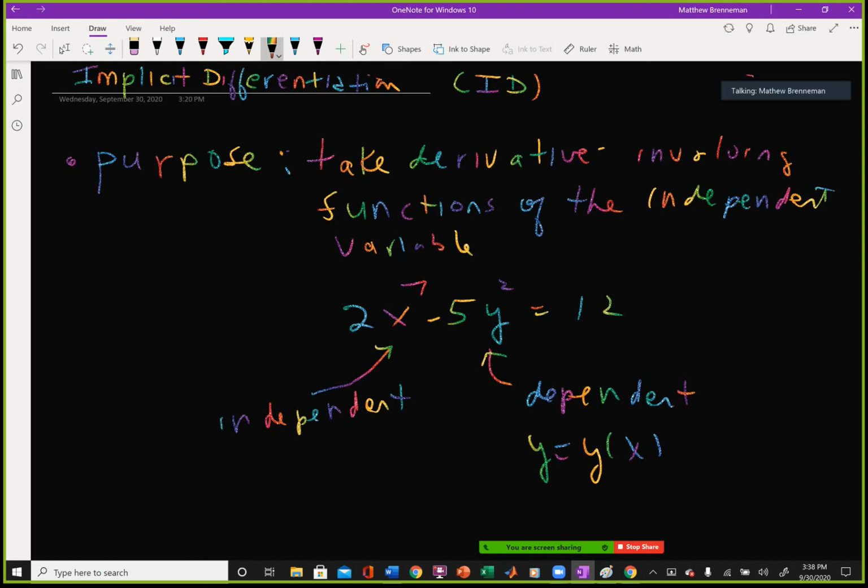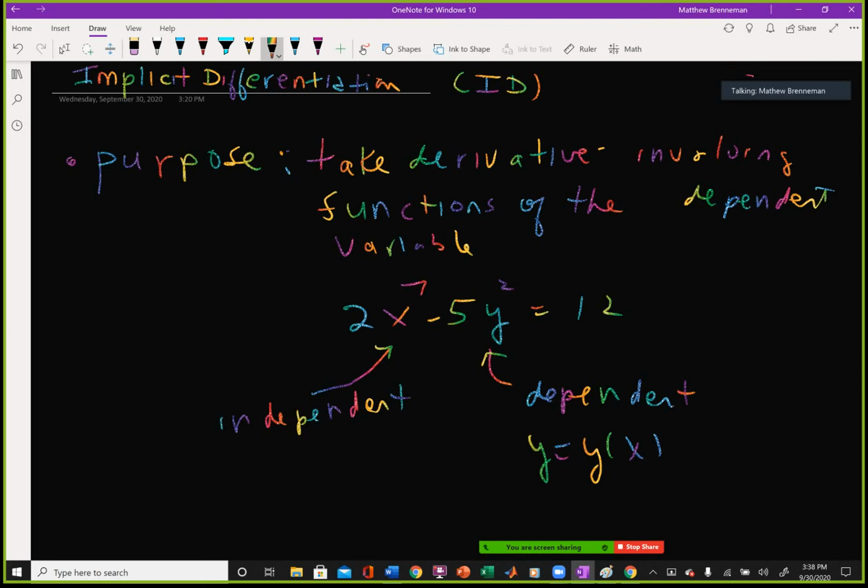And actually, I want to say dependent. Whoops. Yeah, scratch that. What makes this problem new is that we have not only functions of independent variables, which I could take the derivative of with respect to x, but I have functions of the dependent variable, which I really don't know how to take the derivative of with respect to y.